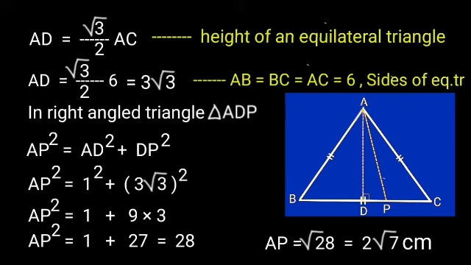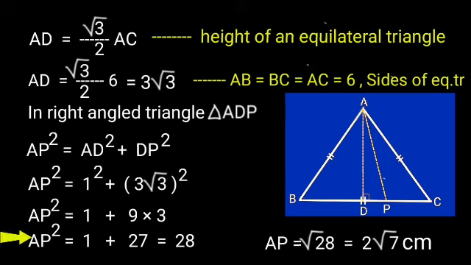Root 3 square is 3, hence 9 into 3. Next step, AP square is equal to 1 plus 27, which is 28.